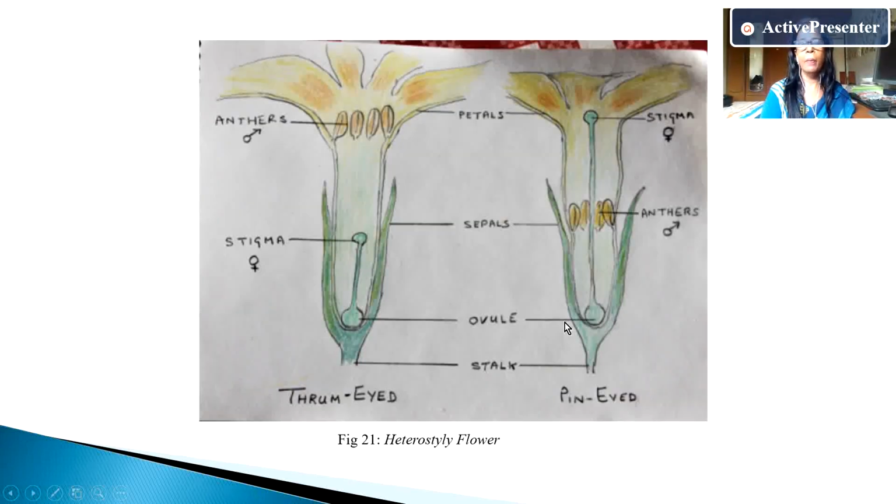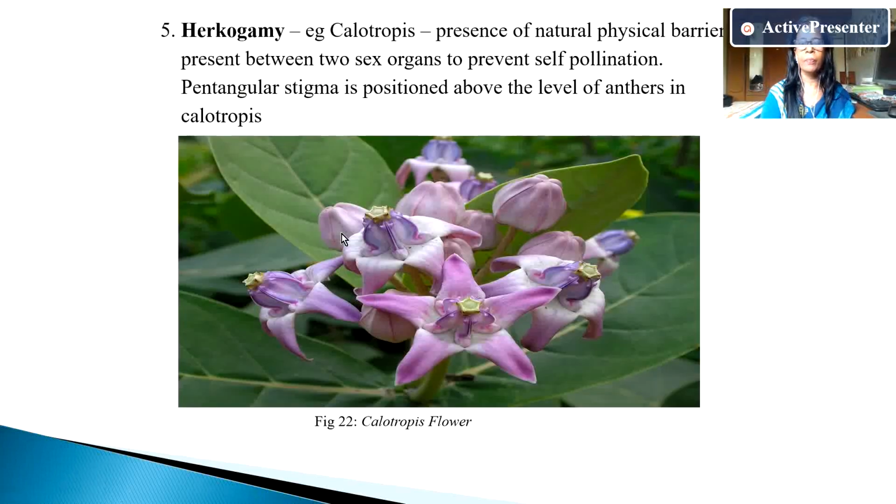Example, primrose. Here the gynoecium is at the lower level, and this gynoecium is pollinated by the anthers of another flower which are at the lower level. And in the other case, the gynoecium is at the higher level, and it is pollinated by the anthers which are at the higher level of another plant. This type of pollination is known as heterostyly. Example, primrose. Then the next one, hercogamy, example Calotropis. Presence of natural physical barriers between the two sex organs to prevent self-pollination.